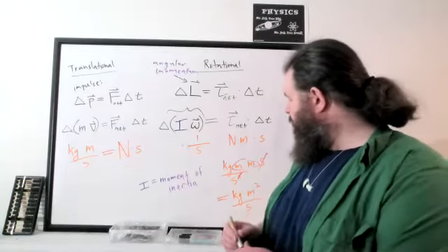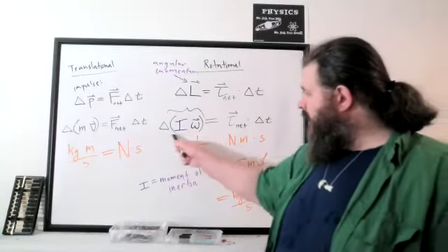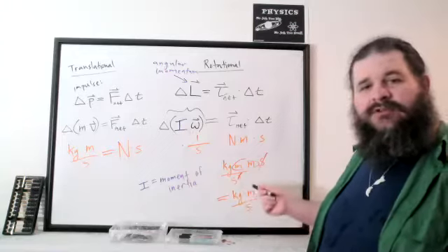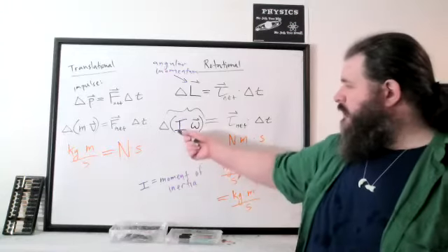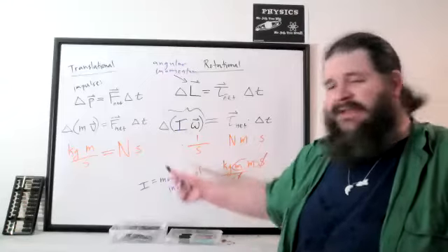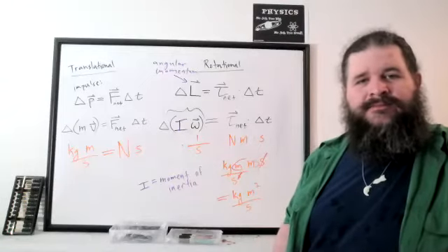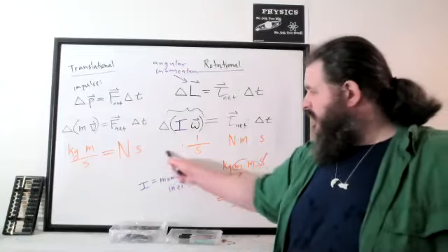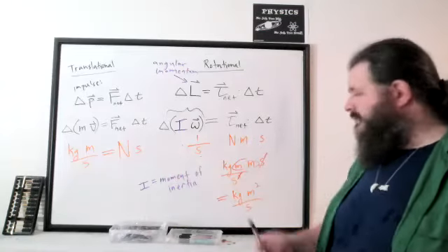And the units for that, in order to get this side of the equation to match up with the kilogram meters squared per second, what are the units of angular momentum, or sorry, moment of inertia? What are the units of I have to be to make this work? What units are missing if we want to make this look like this?